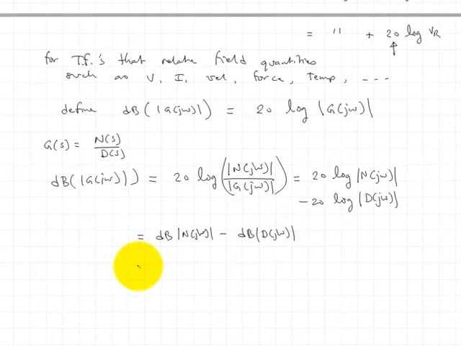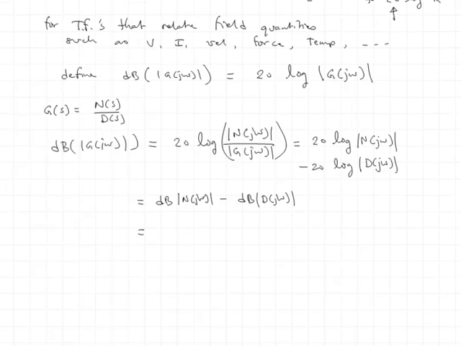And we can expand this further and, changing the notation a little bit, write this as N in dB minus D in dB. That's just the magnitude of the numerator in decibels minus the magnitude of the denominator.